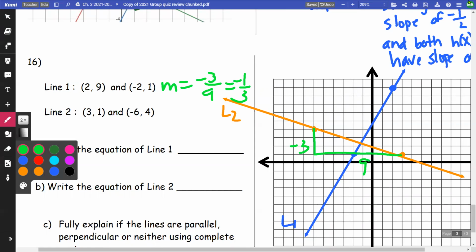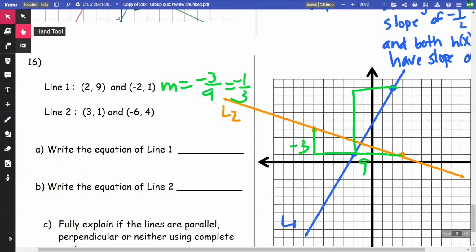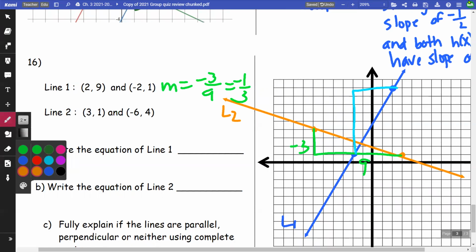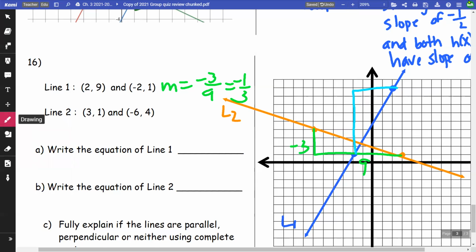Slope of the other one, let's say I'm going from here to here. And for this one, I'm going up 1, 2, 3, 4, 5, 6, 7, 8, and I'm going to go over 4. And so that slope is 8 over 4 or 2.